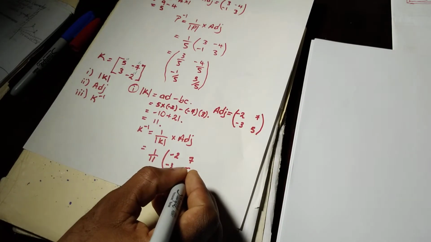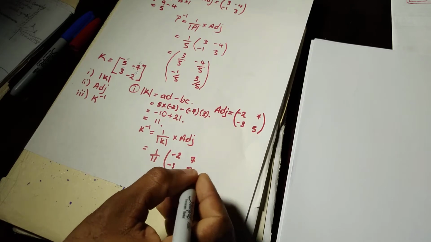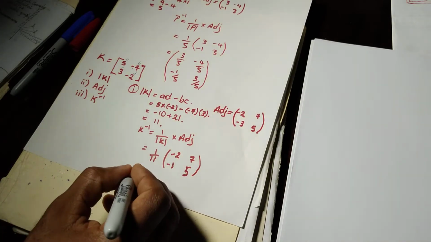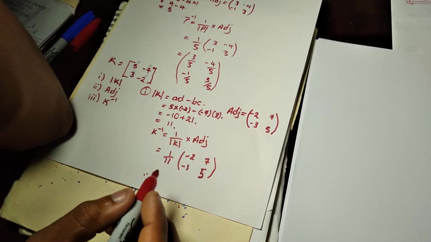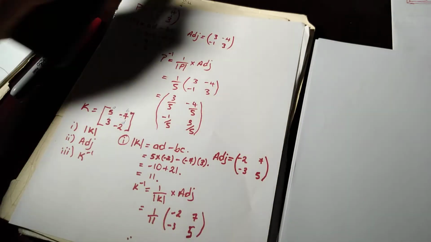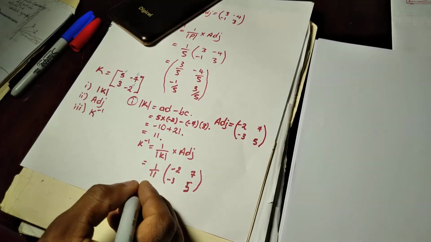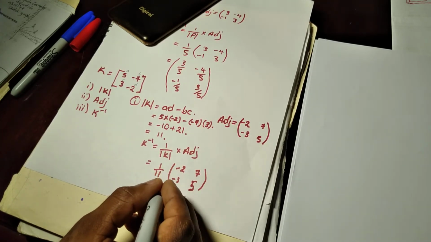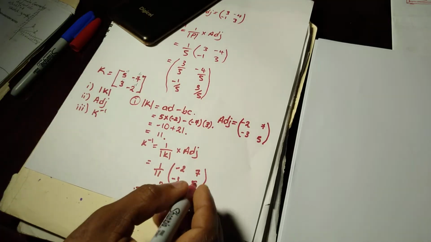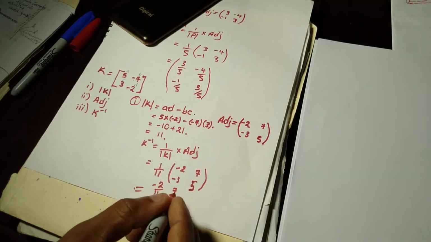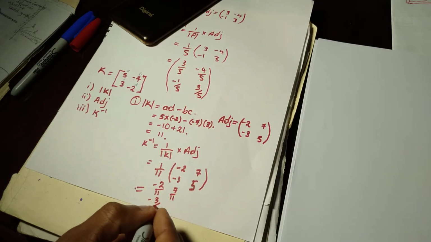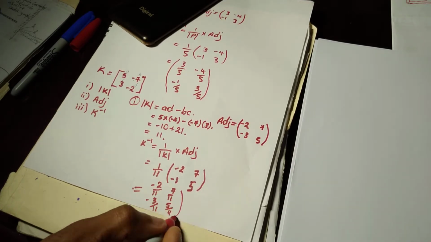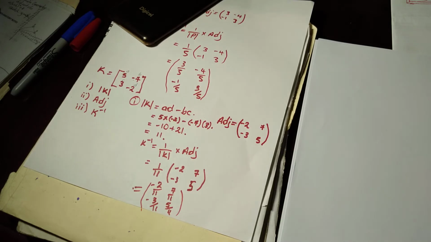So all you need to do is distribute, and that will give you the solution. So what we're going to have is minus 2 over 11, 7 over 11, minus 3 over 11, and 5 over 11. So that would be the inverse.